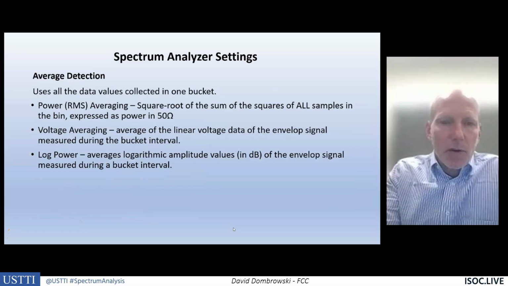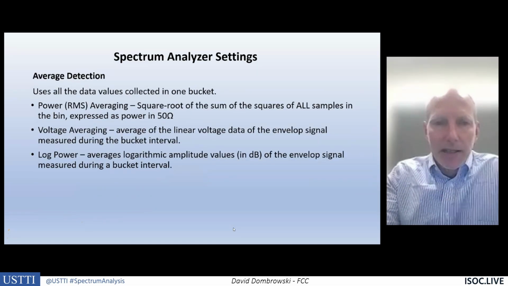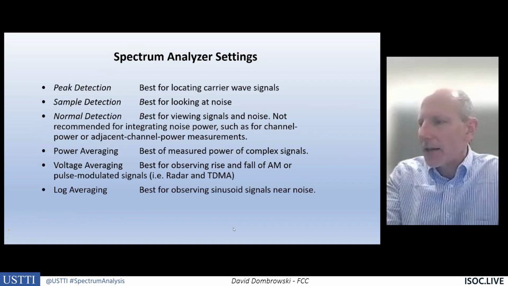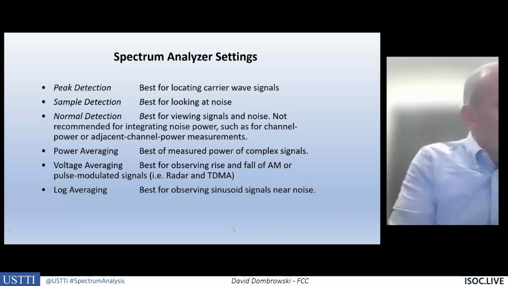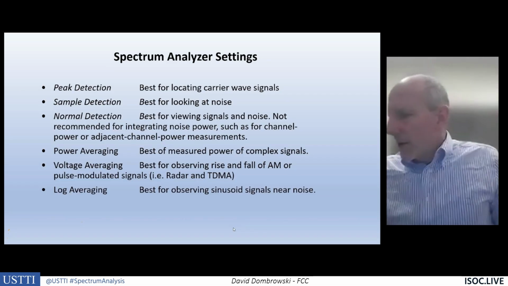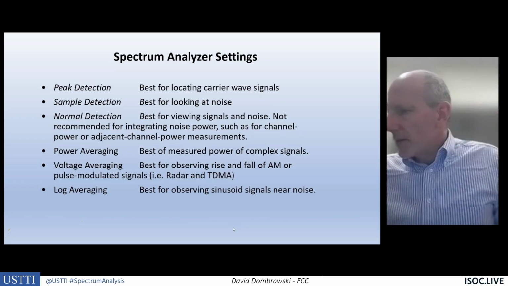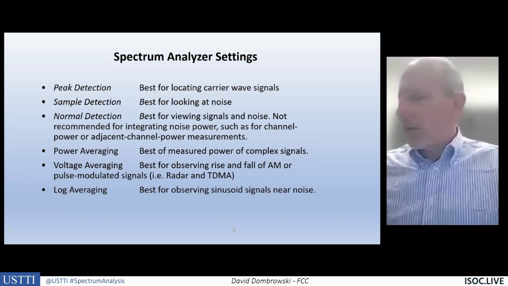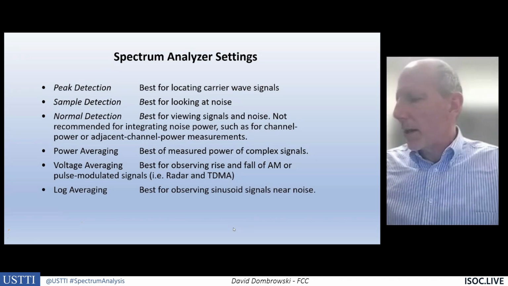And there's average detection. What is the average of those samples taken? I just want to introduce that to you. You may see that on your analyzer, that there are different detection settings. I made a note where you could find that. It is under the trace menu on a FieldFox mode, hit number 6.